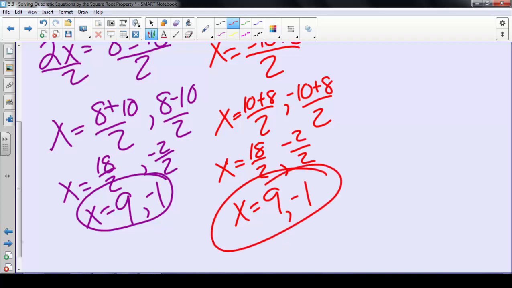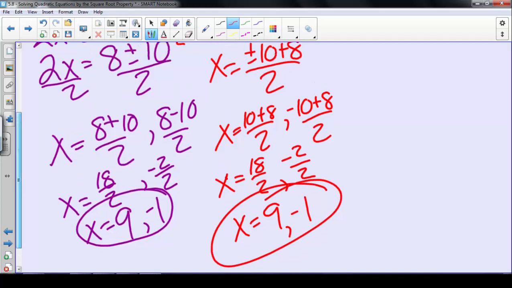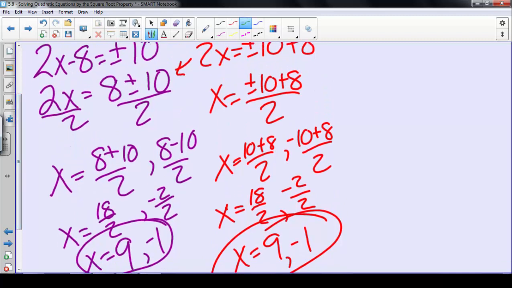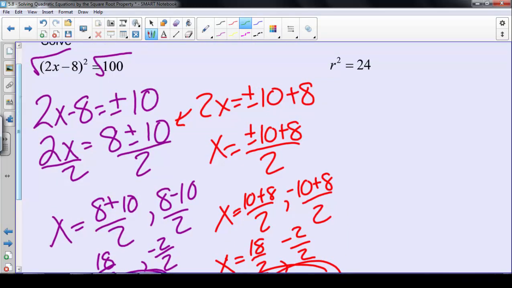So notice you get the same thing either way, so it doesn't matter on this step whether you do the 8 first or the 8 second.